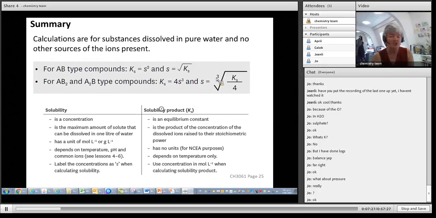By changing the pressure and the concentration and so on, you can cause the position to shift left and right, but that's only because you've made those changes. The actual ratio has to stay the same unless you've changed the temperature.